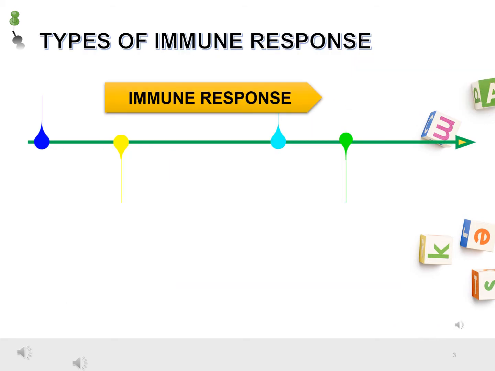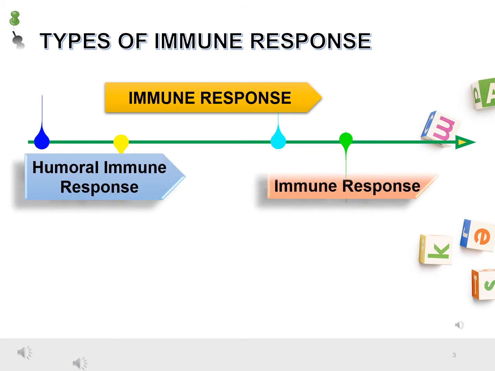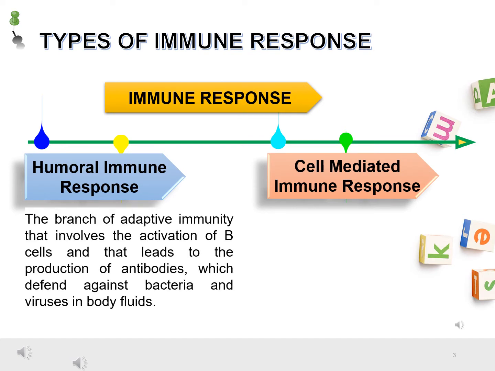Types of immune response. There are 2 types of immune response, which are humoral immune response and cell-mediated immune response. Humoral immune response is the branch of adaptive immunity that involves the activation of B cells, and that leads to the production of antibodies, which defend against bacteria and viruses in body fluids.